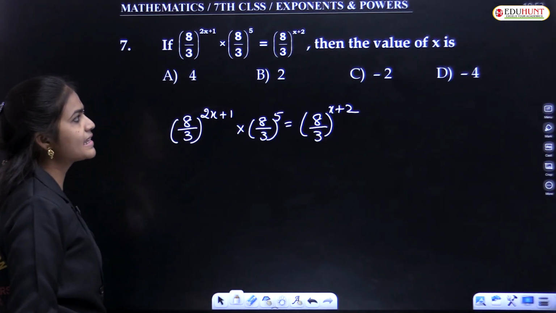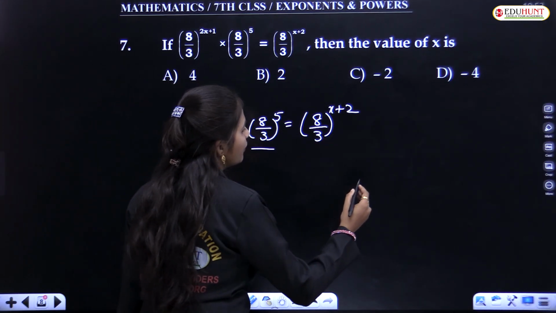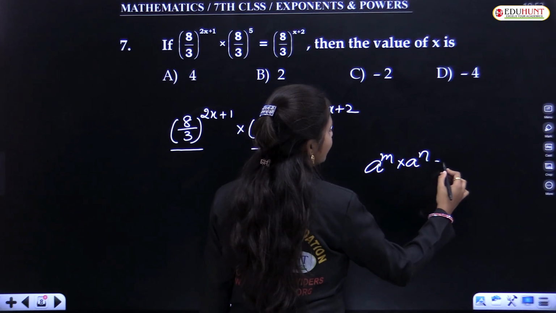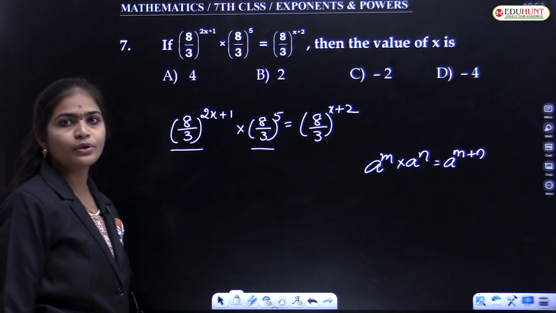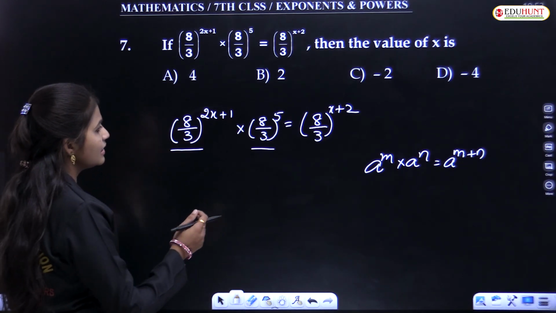Then the value of x is, okay, now this is in the form of a power m into a power n. A power m into a power n is equals to a power m plus n. So that is in that form only, no?